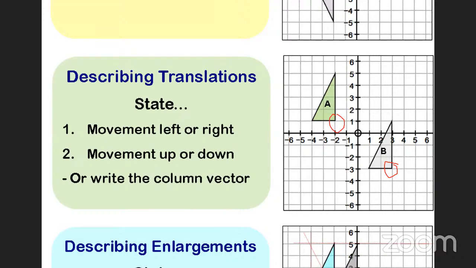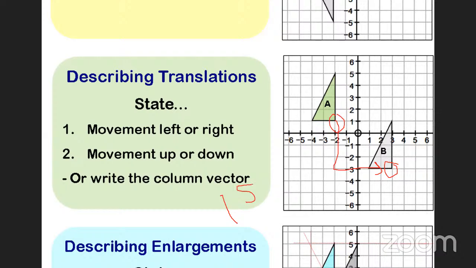That's what I like to hear. So it went down 1, 2, 3, 4, and it went to the right, 1, 2, 3, 4, 5. So it went 5 to the right, and it went 4 down.